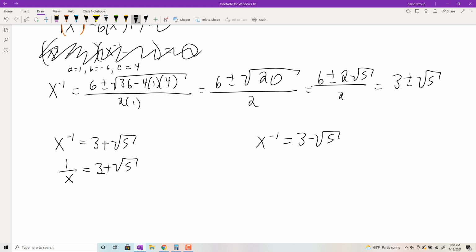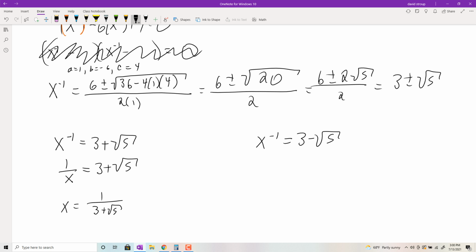I could cross multiply if you wish, but it's a bit easier to just flip both sides. So you could rewrite it as x equals 1 all over 3 plus root 5.